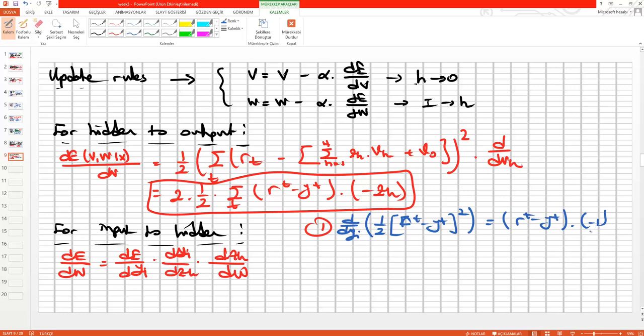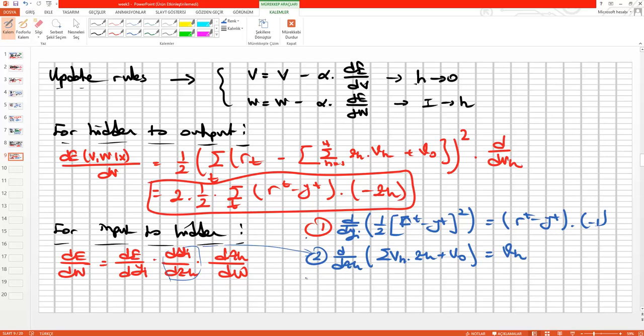Okay, this is the simple derivative term. Okay, and so in the second place we have dy/dz_h. So this is equal to what? y equals v_h z_h plus v_0. If we take the derivative of these terms, we will get only v_h, right?